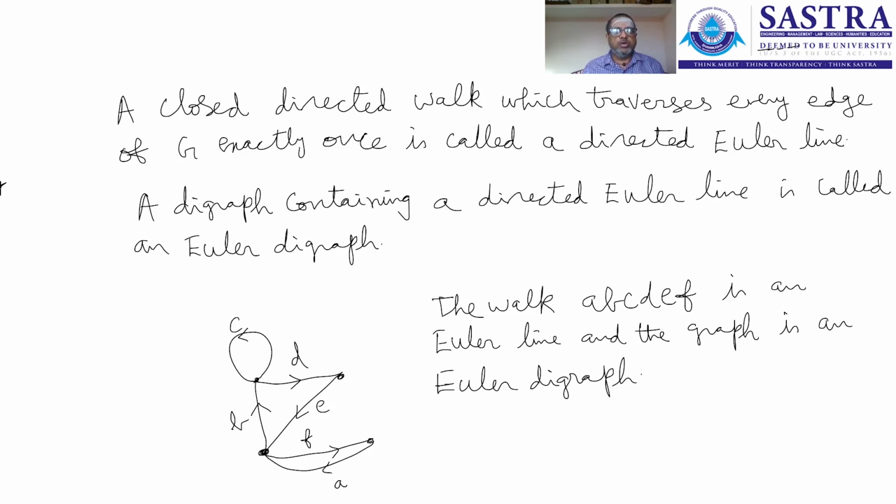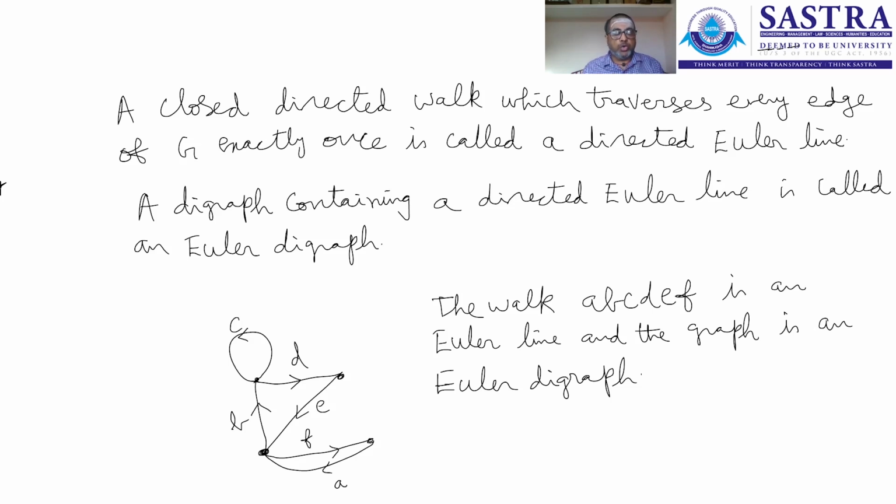Now, when I just look at this graph, can I identify whether it is an Eulerian digraph or not? If you look at every vertex in the graph I have given here, you can see that the in degree and the out degree are the same.